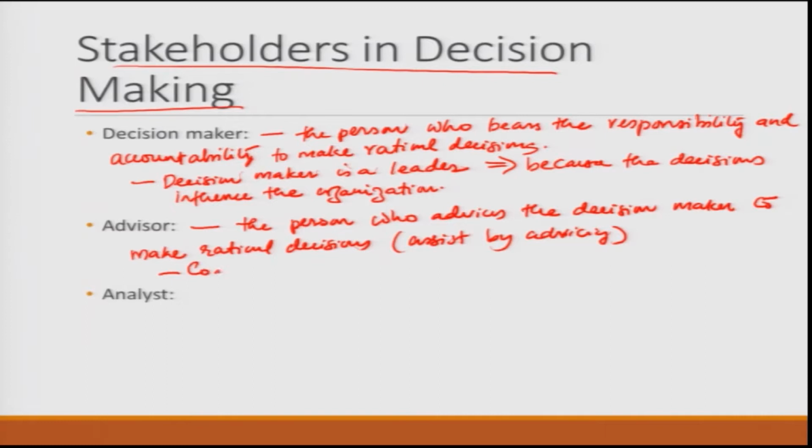It could be a person or it could be a committee, a group. Okay. So, typically the job of the advisor is to provide advice that will assist the decision maker in making the rational decision.